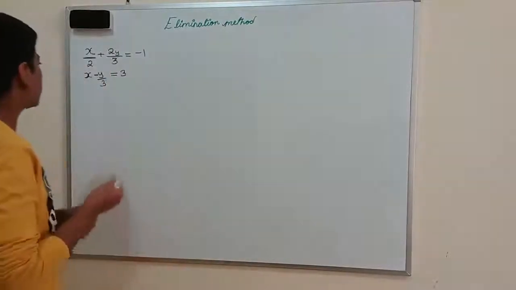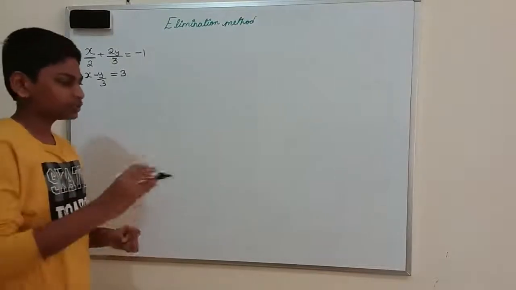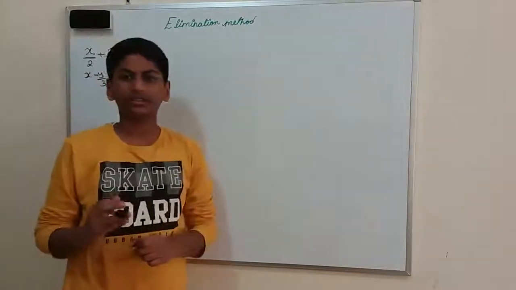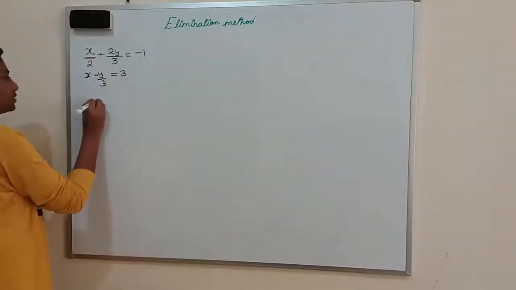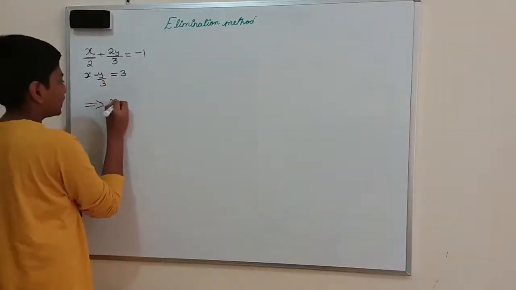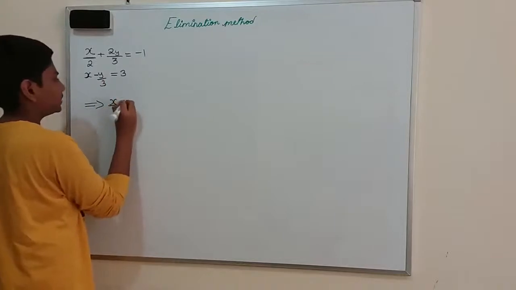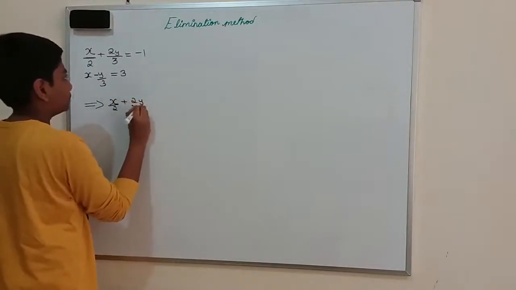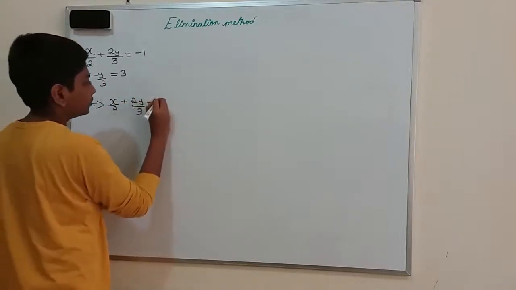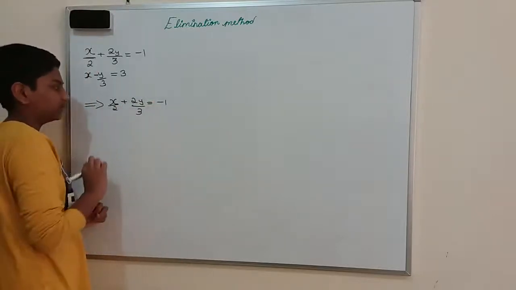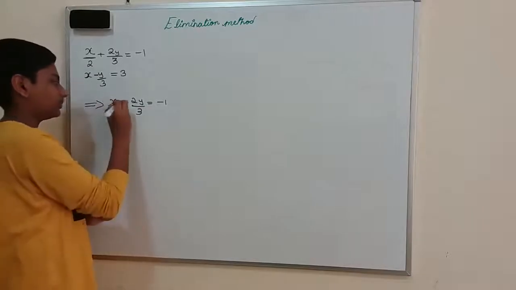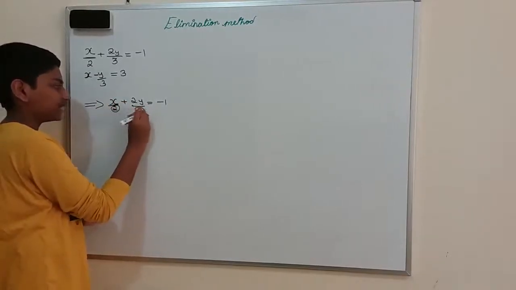So what should I do now? I should make them into normal numbers. To make the denominator a normal number, I should simplify them as much as I can. The first one we have over here is x by 2 plus 2y by 3 equal to minus 1. To simplify, first I should add them. To add them, I should make their denominators the same.